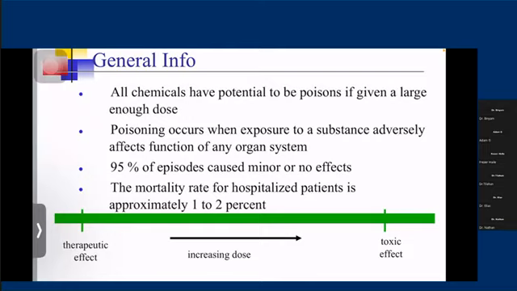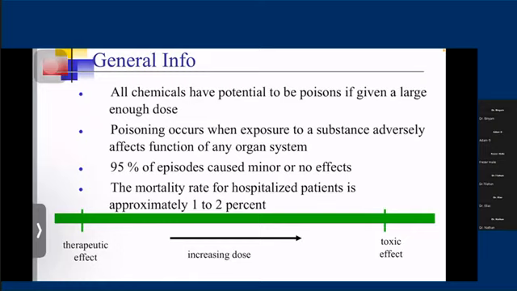So it is currently a very great health burden, consuming a lot of costs. Poisoning occurs when exposure to a substance adversely affects the function of any organ.